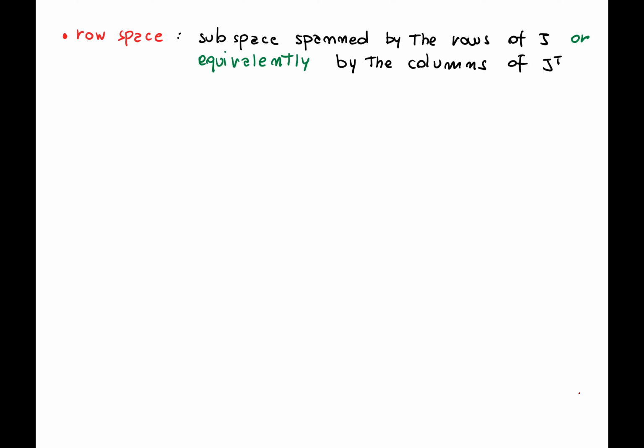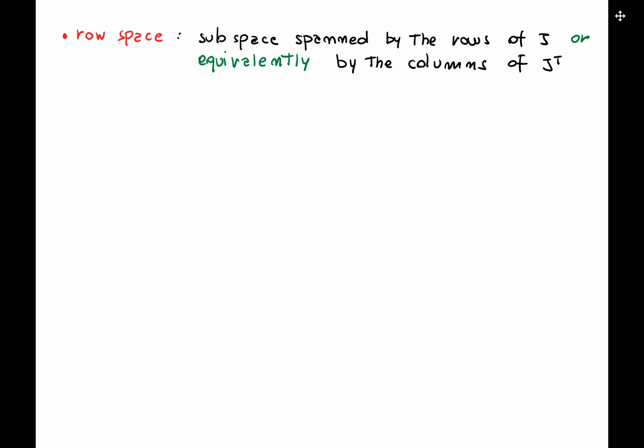Finally, the last space we are interested in, we will draw them afterwards, is the row space. This is the space spanned by the rows of J. Spanning means linear combination. So if you combine the rows of J, you obtain a vector that is part of the row space, or equivalently the columns of J transpose.